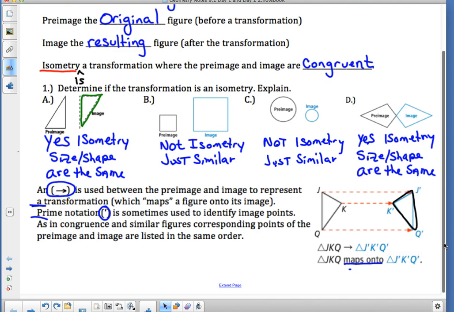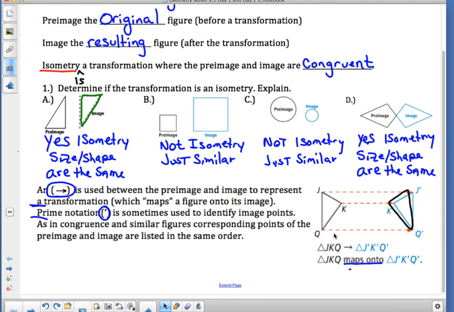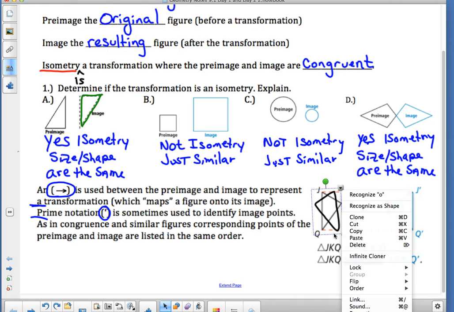This arrow right here is used between the pre-image and image to represent a transformation which maps, they call it mapping, which maps a figure onto its image. If I'm sliding this image over, but remember I've flipped this, it's left and right.